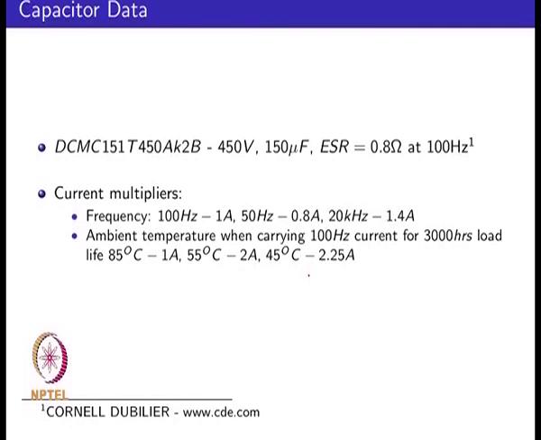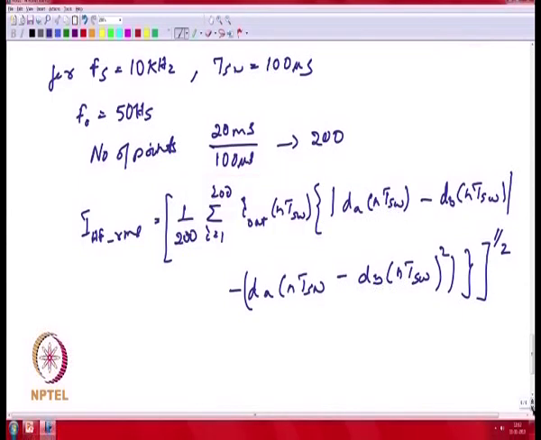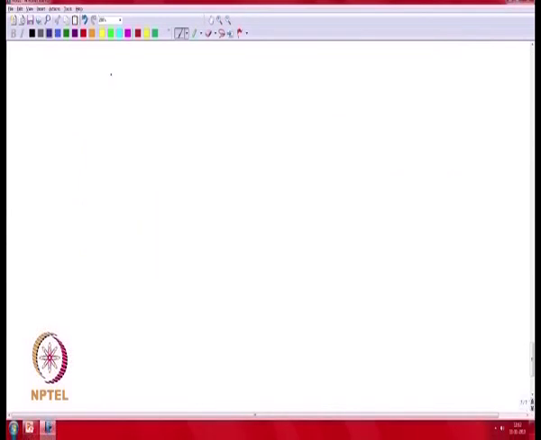So essentially the current multipliers, as we saw, give information about the ESR of the capacitor as a function of frequency. So if in this particular topology we know that it is 0.8 ohms ESR at 100 hertz, and your current at 100 hertz is 1 amp, so I square R is 1 square into 0.8.